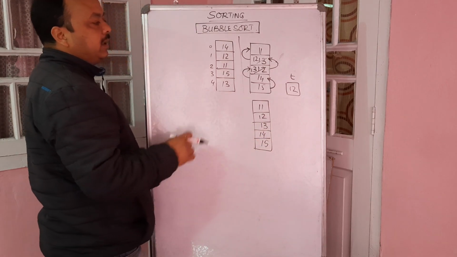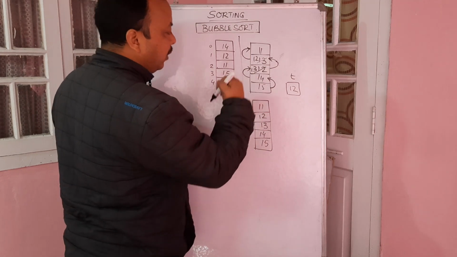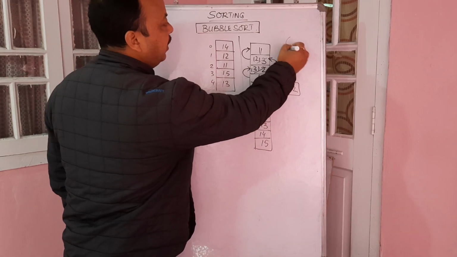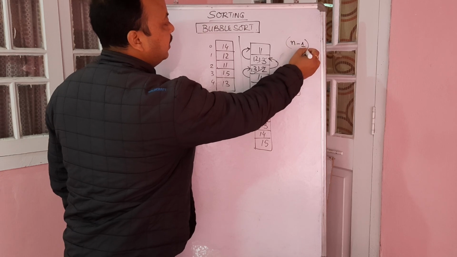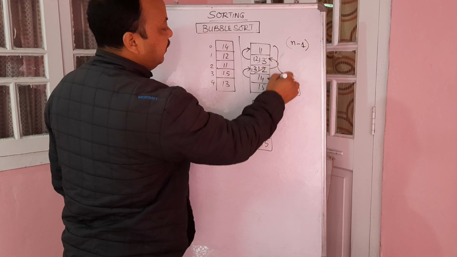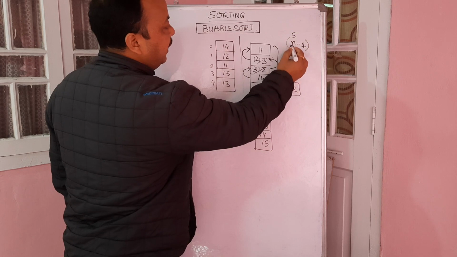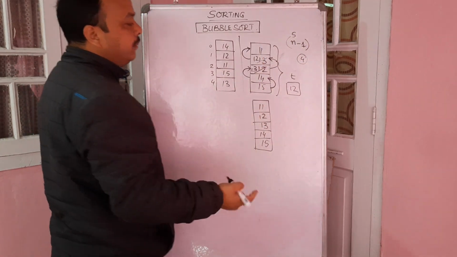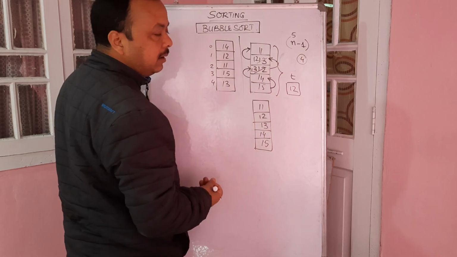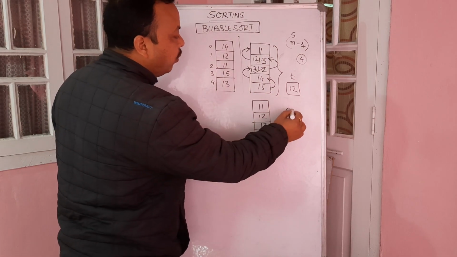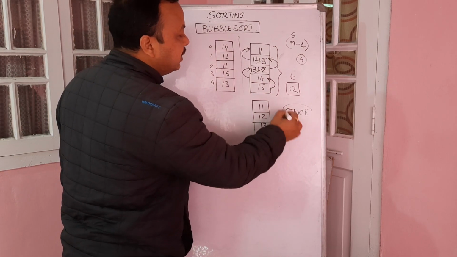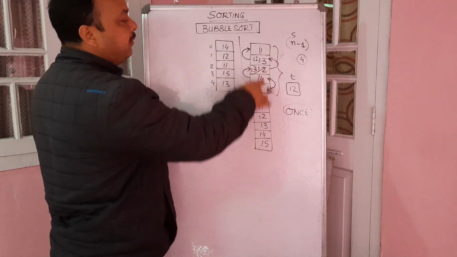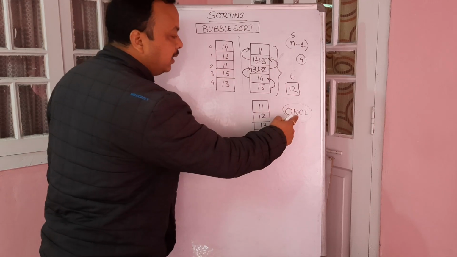What is to be noted here is, I said that the number of passes required is N minus 1. Total number of elements is 5, so 5 minus 1, 4 passes. But I already got it sorted here by running this entire comparison only once. I got this rearranged in ascending order by performing the comparisons just once.